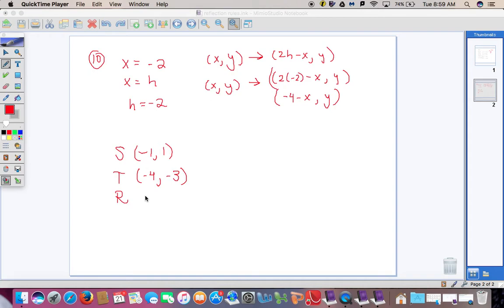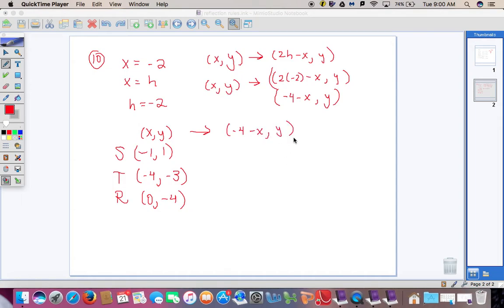And R is at the ordered pair of 0, -4. Okay, and these are my givens. These are my x, y. These are my given values. And so I'm going to go through this rigid transformation, and I'm going to apply the rule of -4 minus our x value to give us our new x value, and then we have our current y value.